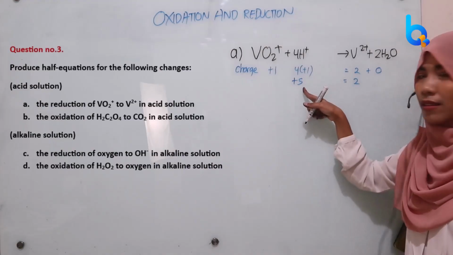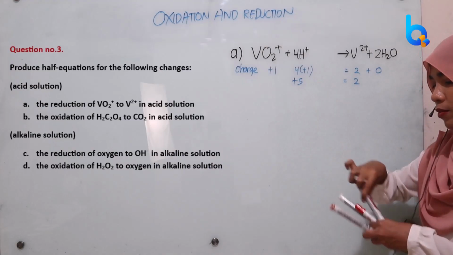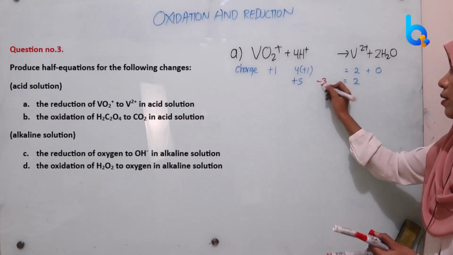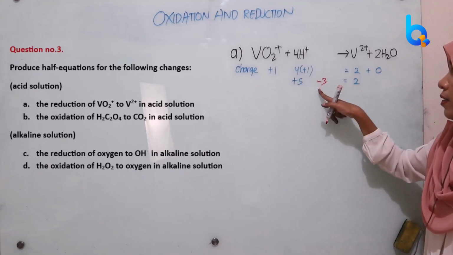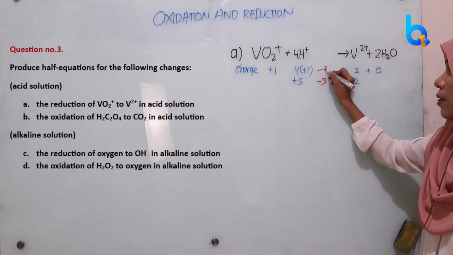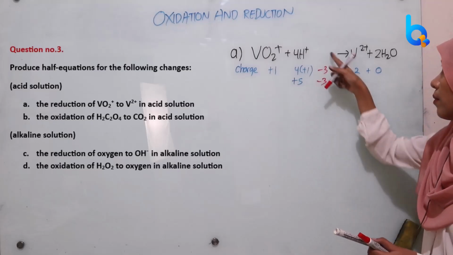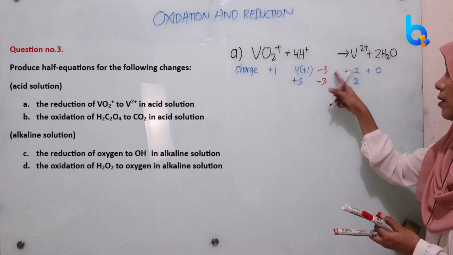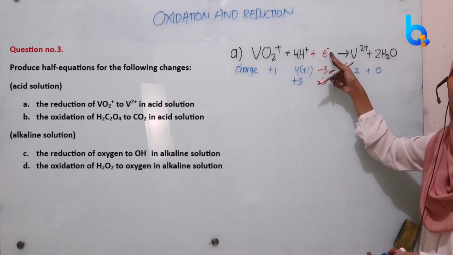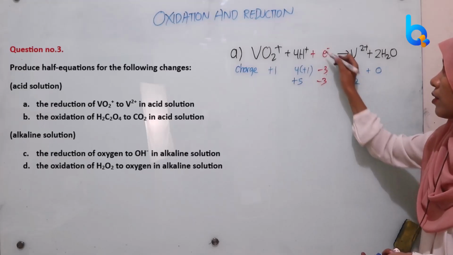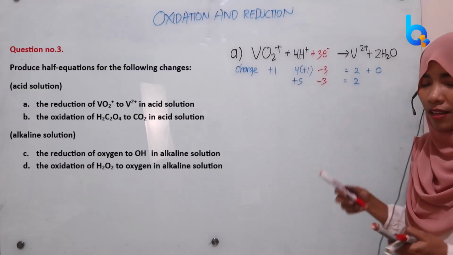So we have to add negative charge by putting minus 3, so the result will be the same, 2 and 2 here. We subtract minus 3 at the top, so we put minus 3, and in this chemical equation the minus 3 will come from electrons, because electrons have negative charge, with 3. Okay, so this is our final answer.